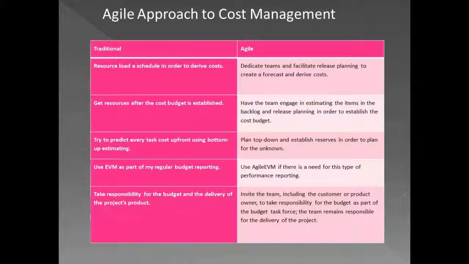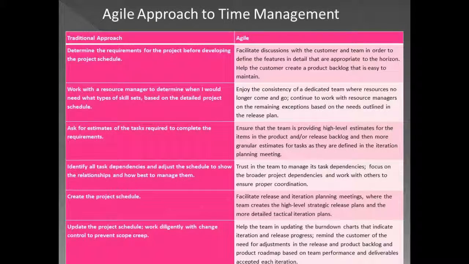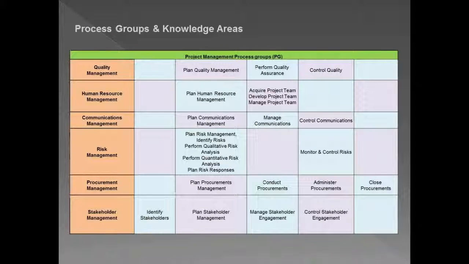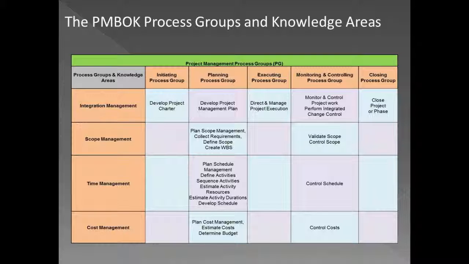Moving on to the next one, we will talk about cost management. If we go to the PMBOK processes for cost management, we have plan cost management, estimate costs, determine budget and control costs.